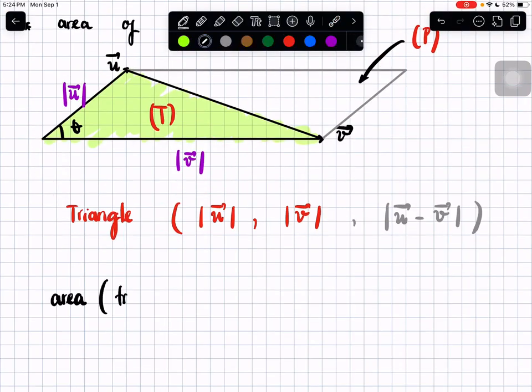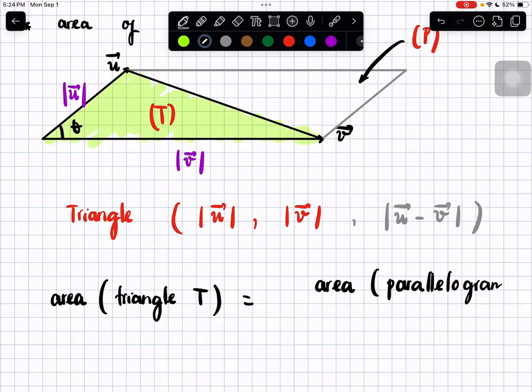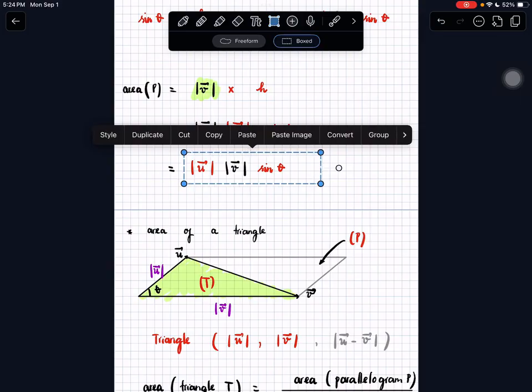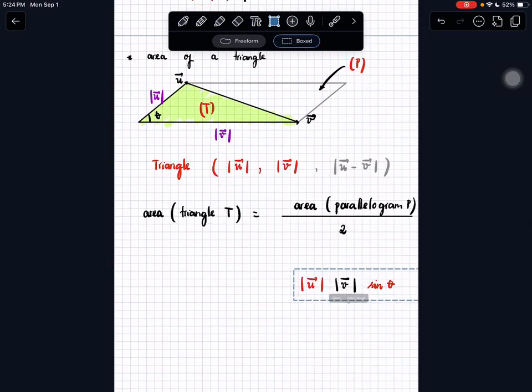The area of triangle T is the area of the parallelogram P divided by 2.